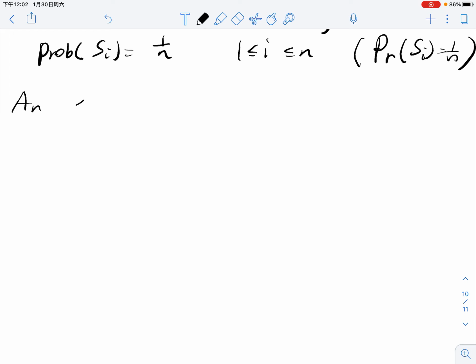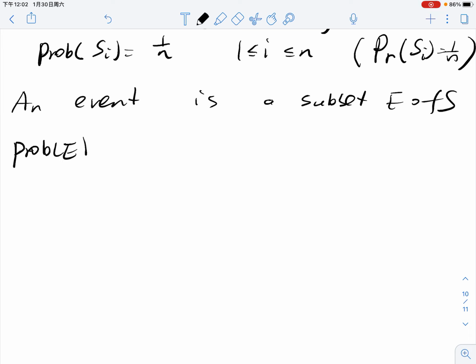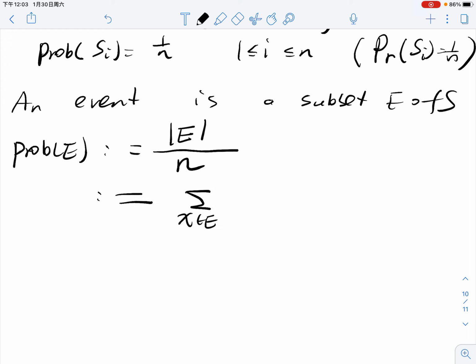And an event is a subset E of S, and then the probability of E is defined, in our case, as the cardinality of E divided by n, or in the general case is defined by the summation of the probabilities of all elements in E.